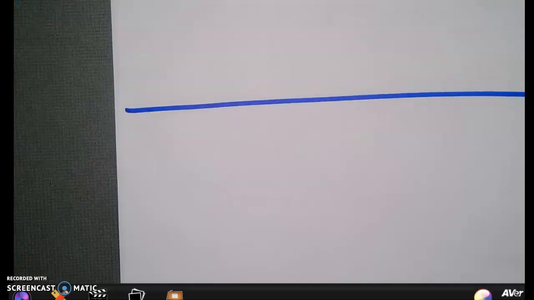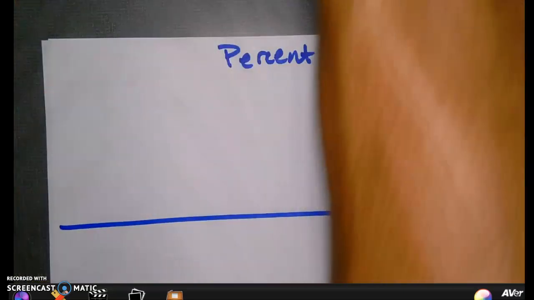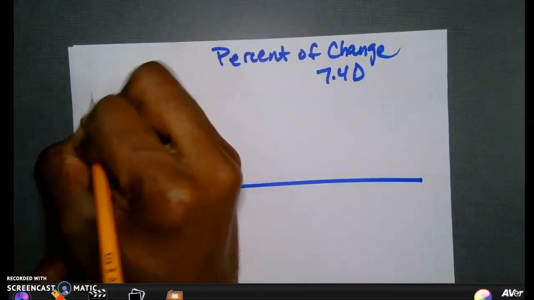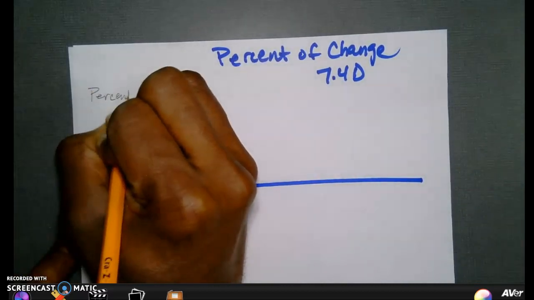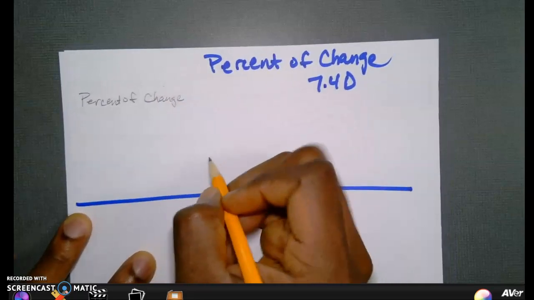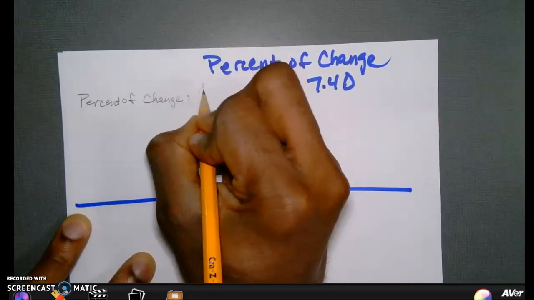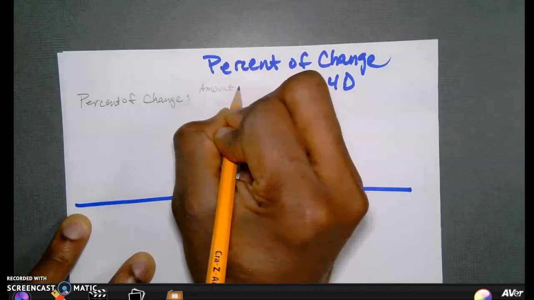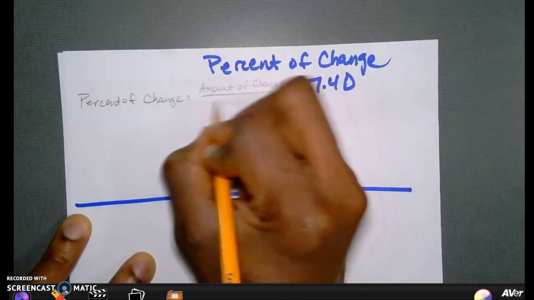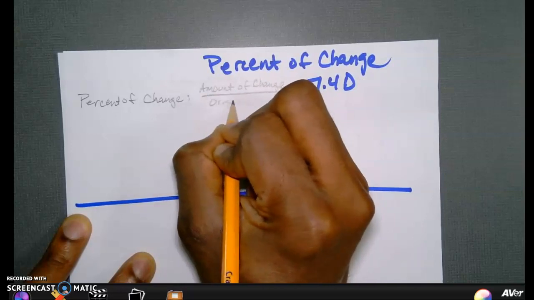So I'm going to go over to my work. I know that, again, my percent of change, I will sometimes refer to it as P.O.C, is your amount of change, that will be A.O.C, over the original amount.